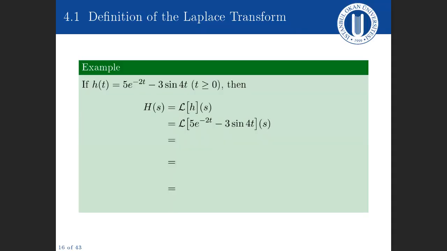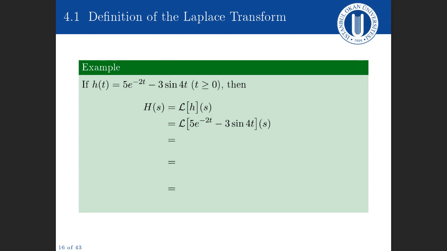So, for example, if small h of t is 5e to the power minus 2t minus 3 sine 4t, what is the Laplace transform of this function? I want to find capital H of s, or using the other notation, I want to find curly L of small h of s.